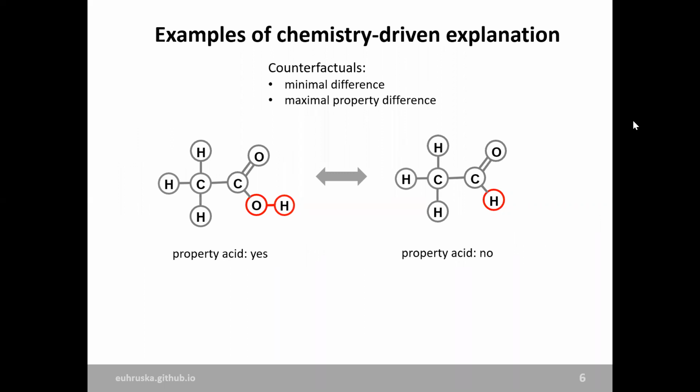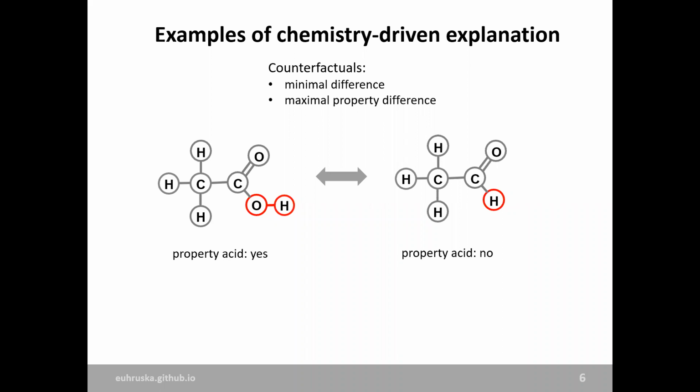And when applied to chemistry, to the same molecule I showed as an example before, we see that for the acid, where the 4 atoms on the right side of the molecule are necessary for the acid property, the counterfactual might miss some of these atoms. So that's one of the drawbacks of counterfactuals, that you might not capture all the necessary parts of the molecule which define your property.